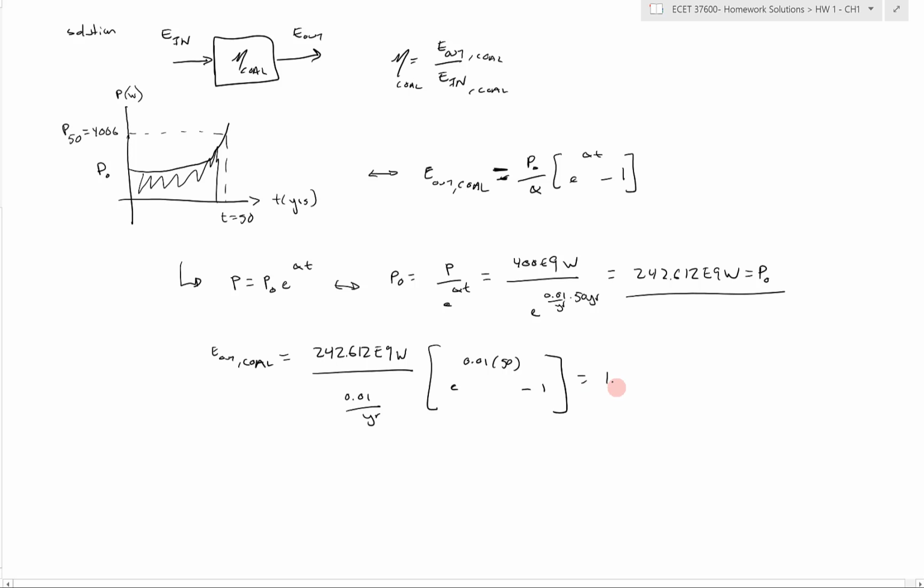So we get 1.57388 times 10 to the 13th watt years. This is all unitless. I didn't write the units here because they cancel. I left them here because we get watts divided by 1 over years, which is watts times years. That's what I have there. So that's E out in the coal. That's the numerator in this fraction.